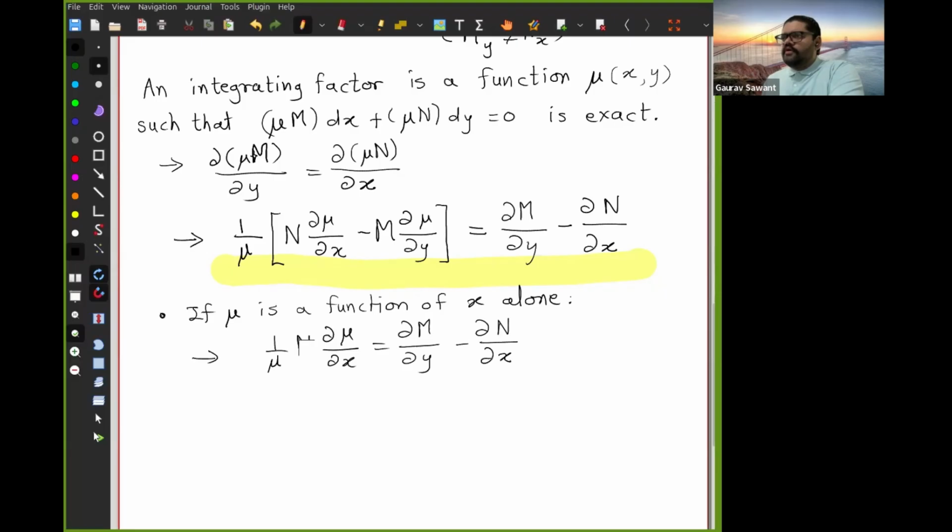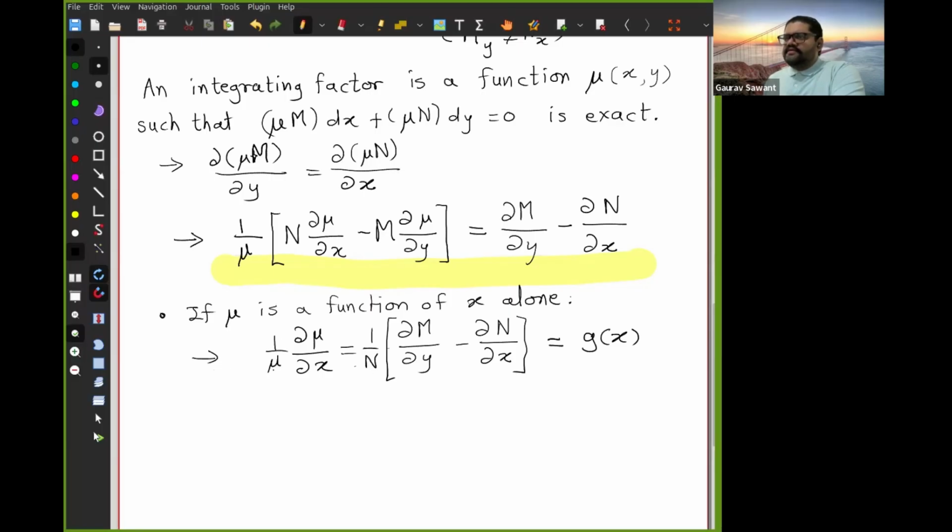So what you do is you take del mu over del x equal to 1 over N times this, and let us call this right hand side expression some g of x. Okay. So it is going to be treated as a function of x.